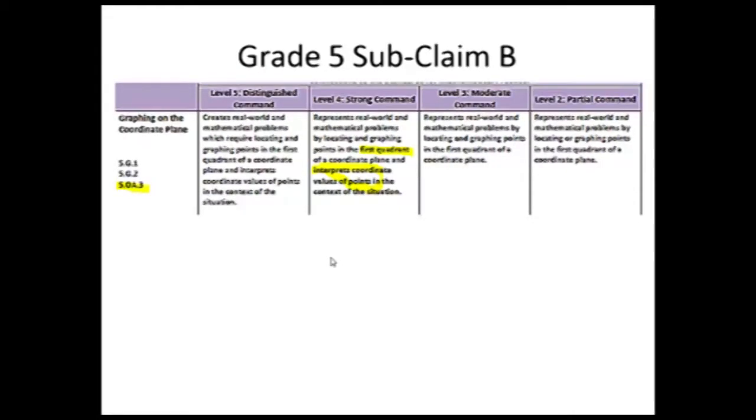Conversions within the same measurement system and using those to solve real-world problems. And what distinguishes kids being at level 3 from level 4 is one-step versus multi-step problems. Data displays, and it's very specific about fractions of a unit and what fractional parts of a unit are being used, halves, fourths, and eighths in particular.